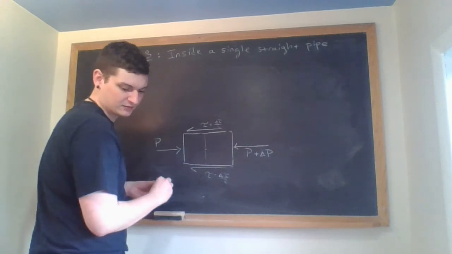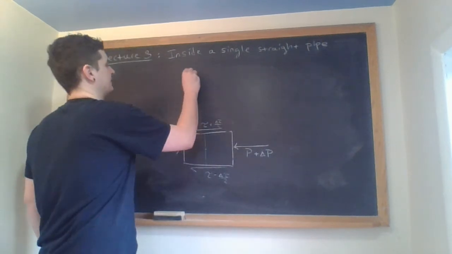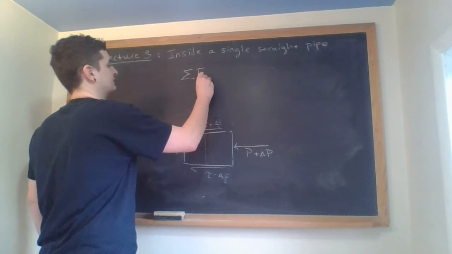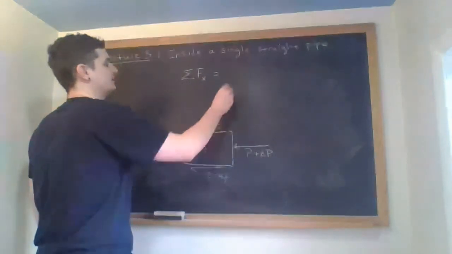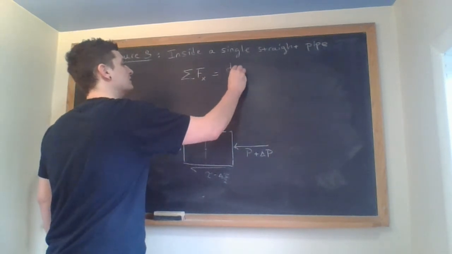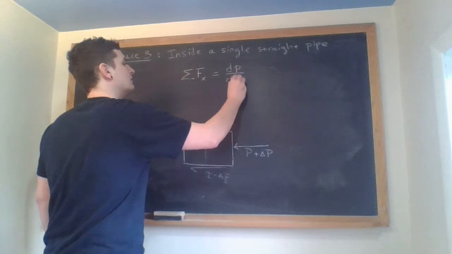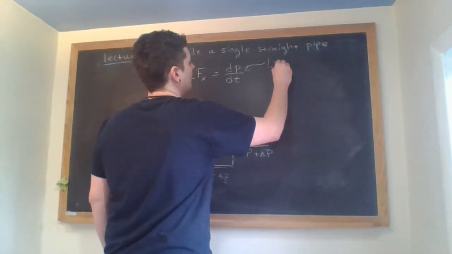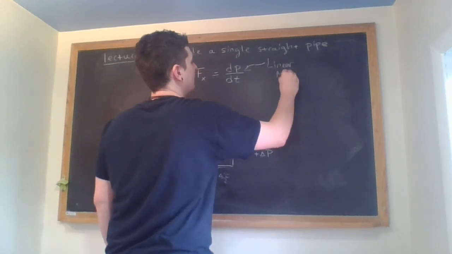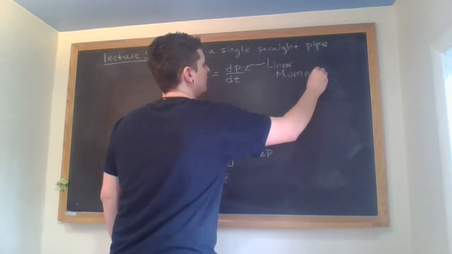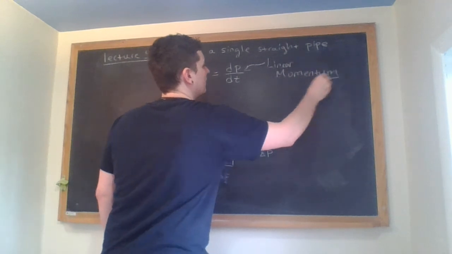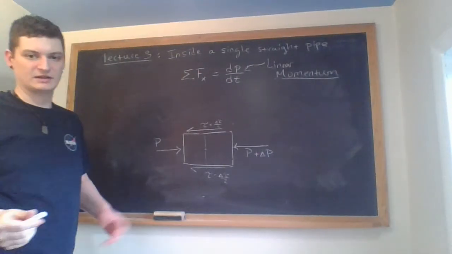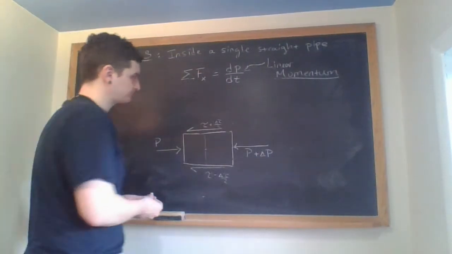Okay. Now, what does Newton's second law say? It says that the sum of the forces in the x direction should be equal to dP/dt, where P represents linear momentum.